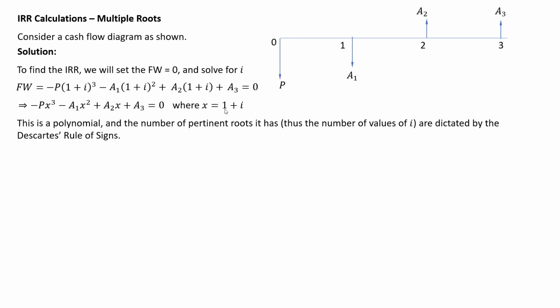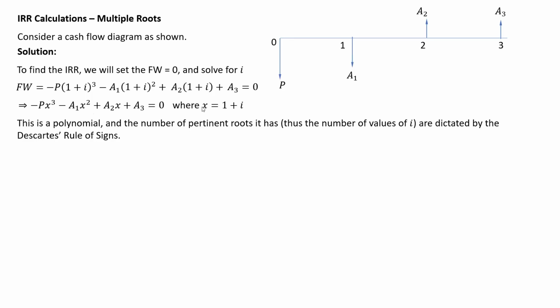That's a positive number. Is that a pertinent value? No. x equals 0.5 makes i negative 0.5, and i cannot be negative. So even though x equals 0.5 is a positive root for this polynomial, it is not a pertinent root, because i in that case turns out to be negative.